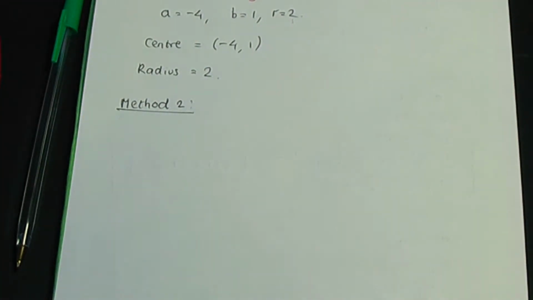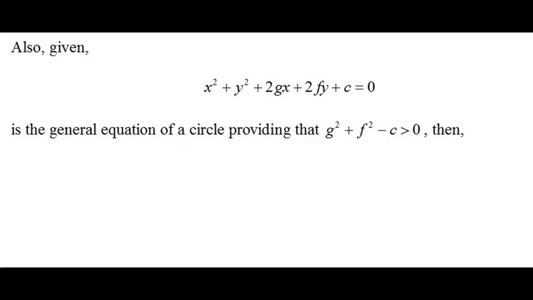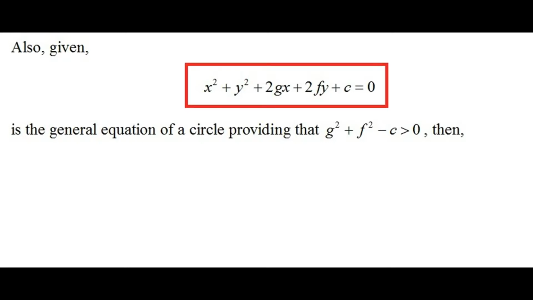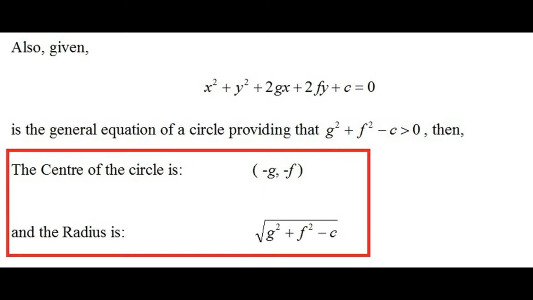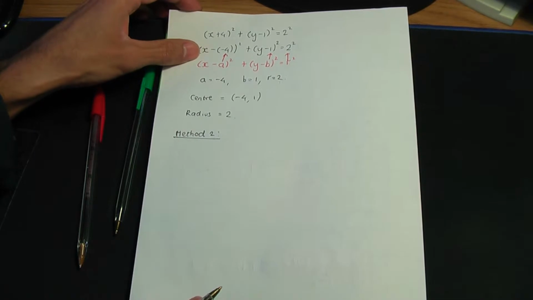If we go back to one of the screenshots, I said also if you're given the circle in general form, of the form x² + y² + 2gx + 2fy + c = 0, provided that g² + f² − c is greater than 0, the centre of the circle will have coordinates (−g, −f), and the radius is the square root of g² + f² − c.